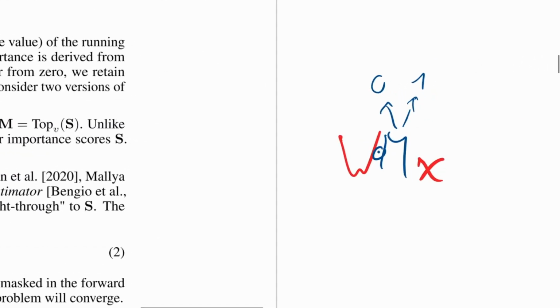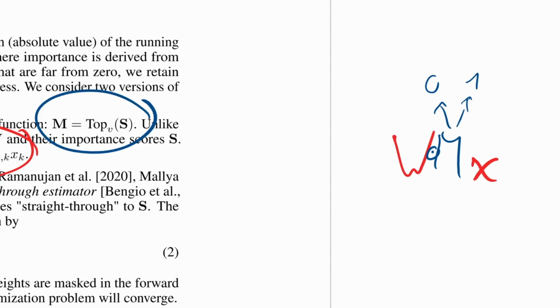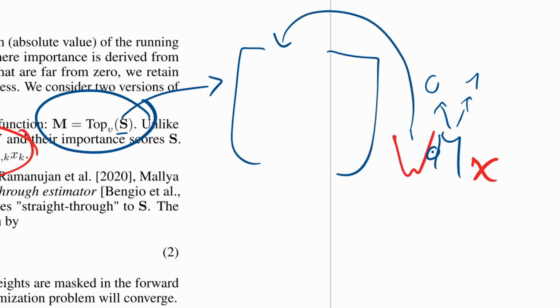But you have this mask matrix. And what decides on this mask? This mask is decided, as you can see right here, by this S. So S is a matrix that for each entry in W, it will decide how important it is. Now, in the classic sense, in the magnitude pruning, you already saw that this is just going to be the absolute value of Wij.